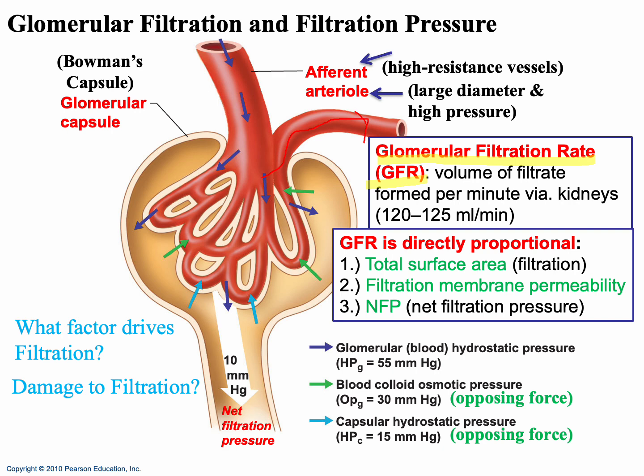A typical reading here is 120 to 125 milliliters per minute. The GFR is directly proportional to total surface area available to form the filtrate, the filtration membrane permeability, and also the NFP, the net filtration pressure.